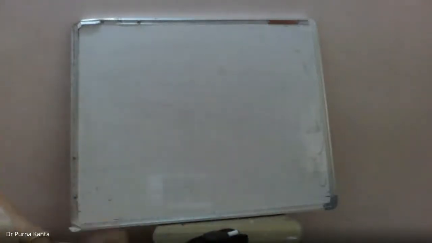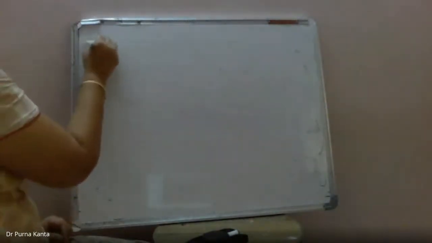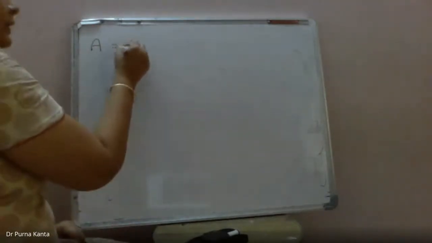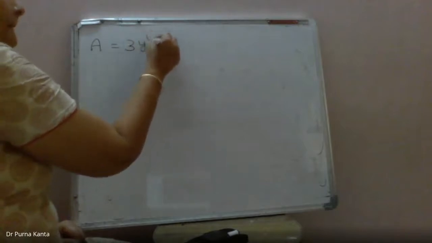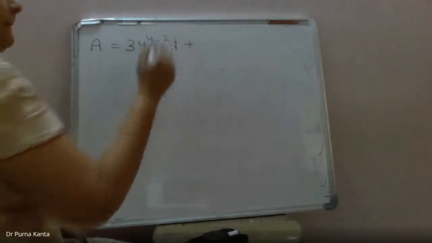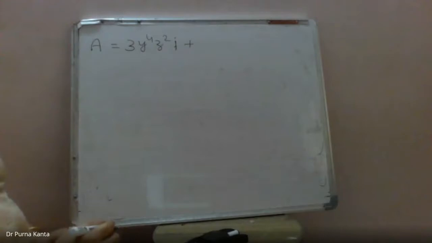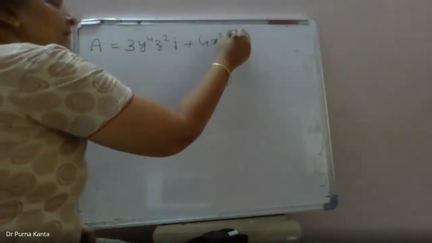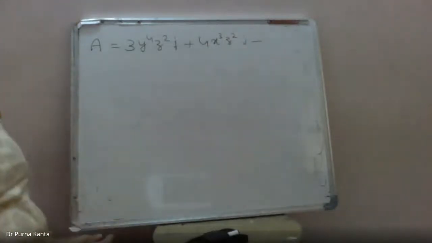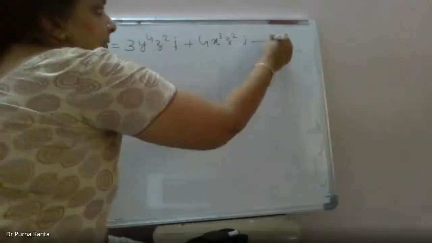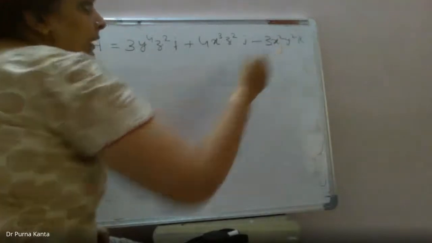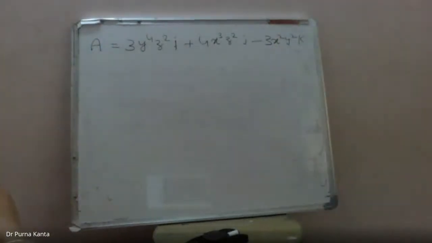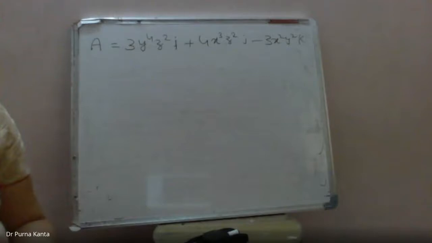Okay, take down. Show that the vector a is equal to 3y power 4 z square i plus 4x cube z square j minus 3x square y square k. Show that the vector is solenoidal.